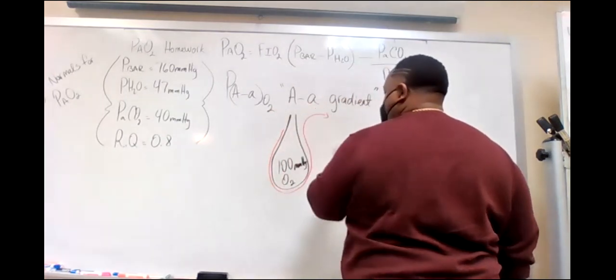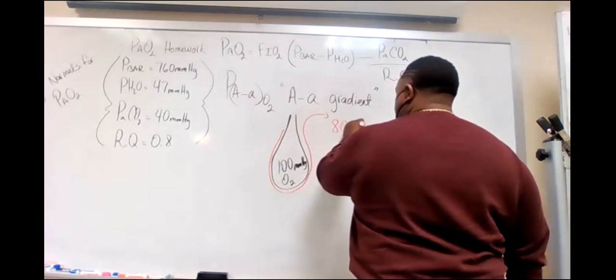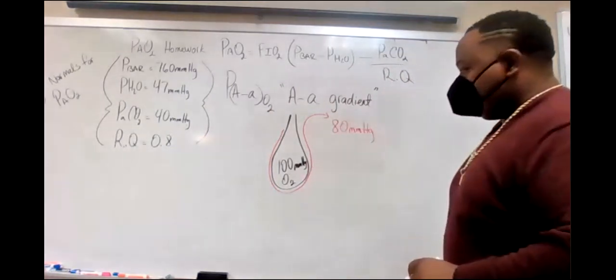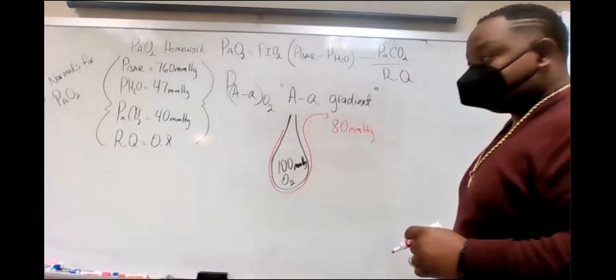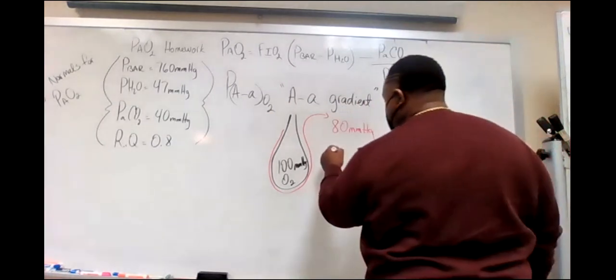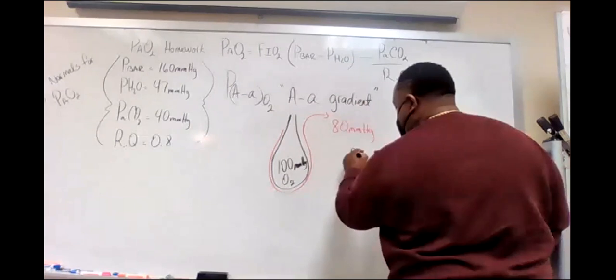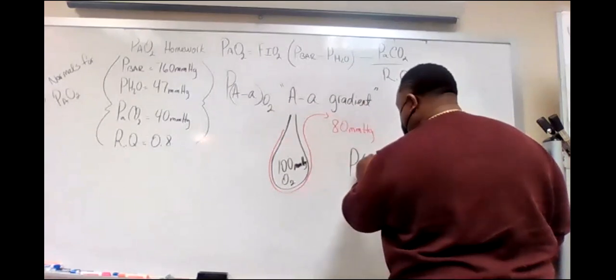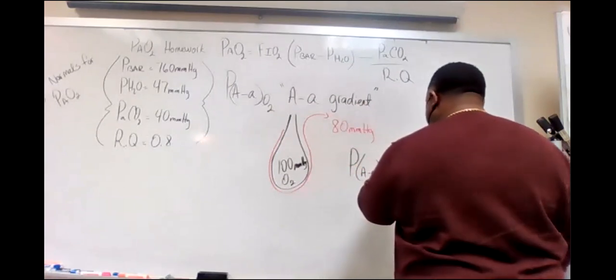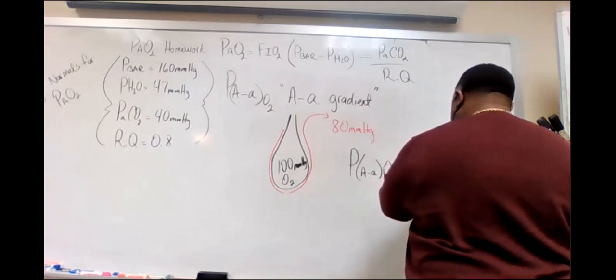Let's just say it is only 80 millimeters of mercury. What's the difference? What's the Aa gradient? 20. Good. So the Aa gradient would be P big A minus little a O2 would be 20 millimeters of mercury.